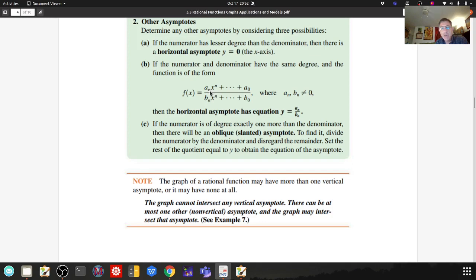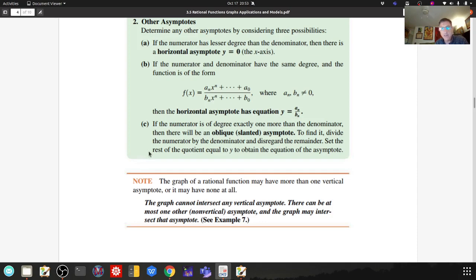Find the leading coefficient of the polynomial in the numerator and the leading coefficient of the polynomial in the denominator. Then the line y is equal to a_n over b_n, the leading coefficient in the numerator divided by the leading coefficient in the denominator, is another horizontal asymptote.